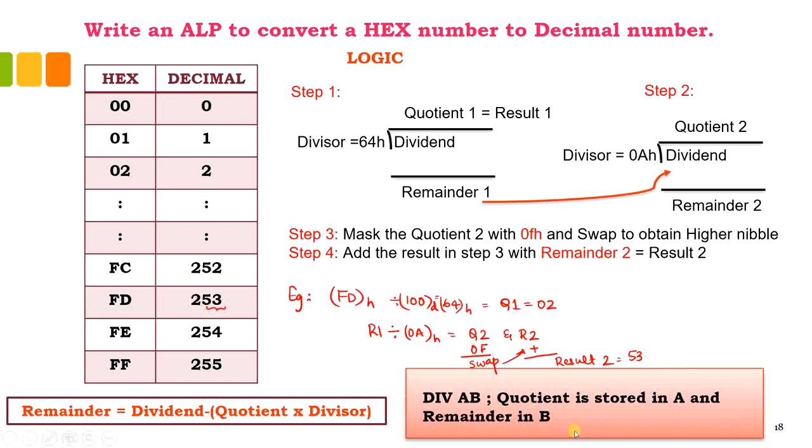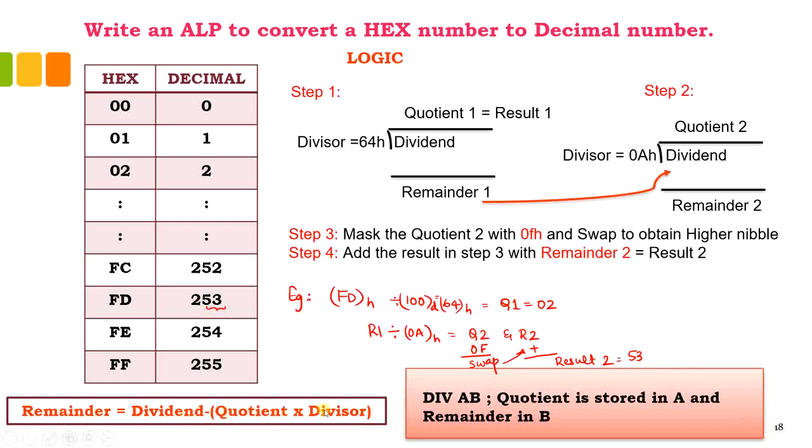And if you cannot use your online tools, if you want to check what will be the remainder, because when you usually perform any division using your calculator, you will not be able to find out what will be the remainder, right? So for that you have a formula: remainder is equal to dividend minus quotient into divisor.